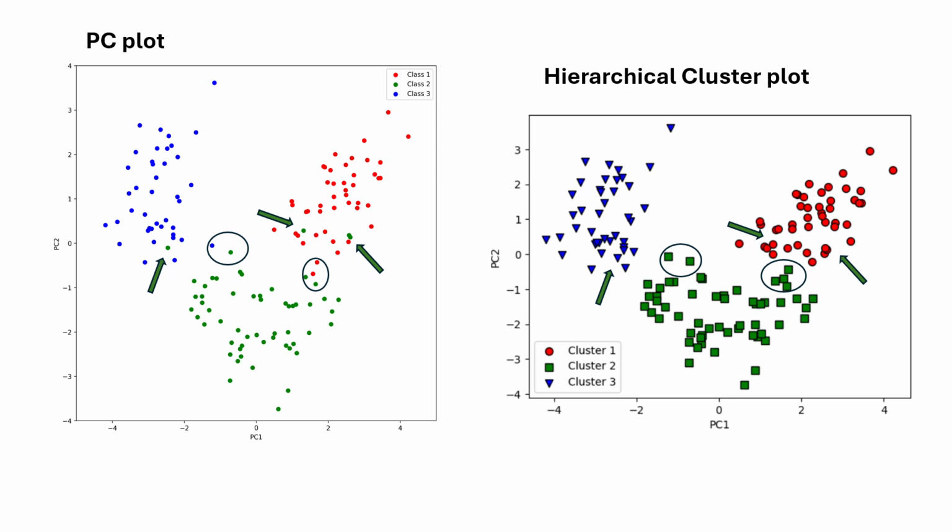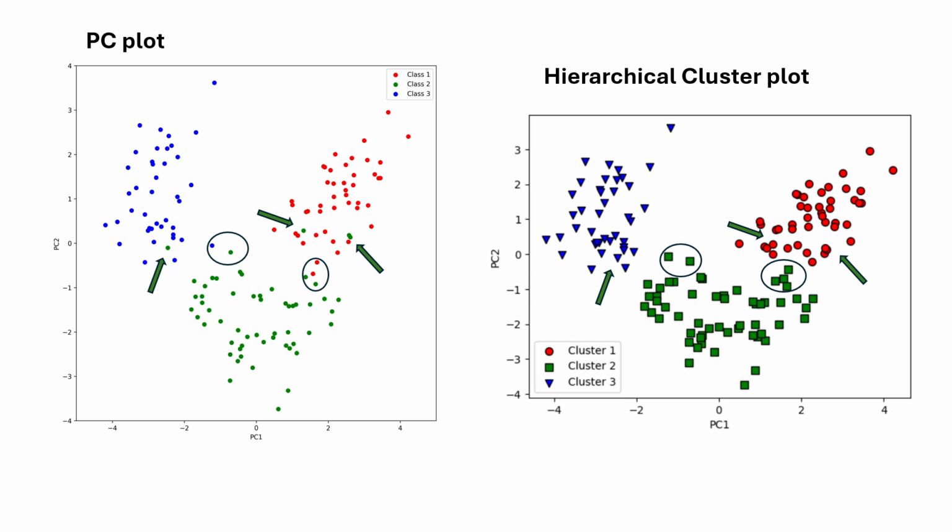In the PC plot, the known class information is used only to color the samples for visualization and was not used during the principal component analysis itself. Likewise, the class labels were not provided to the agglomerative hierarchical clustering algorithm.